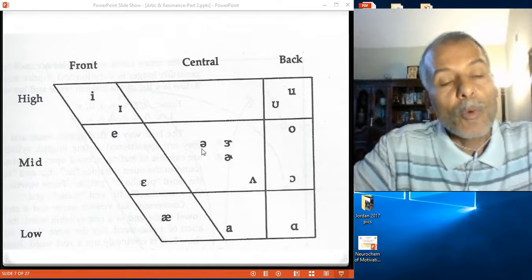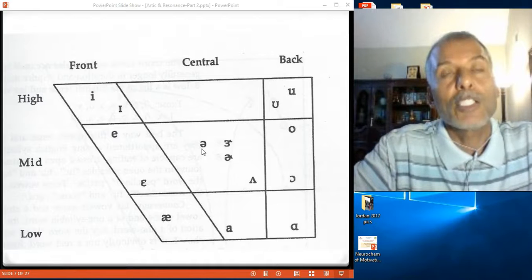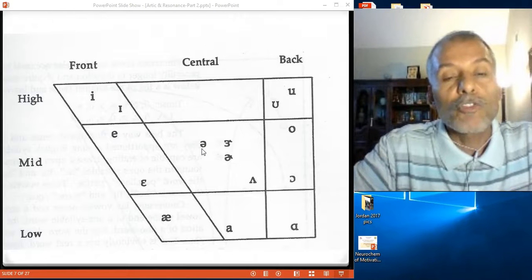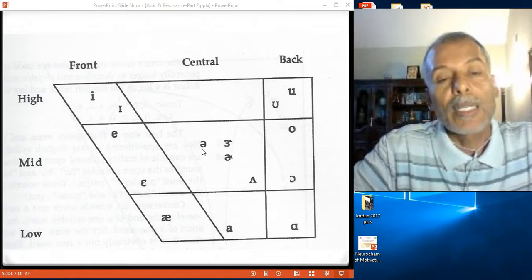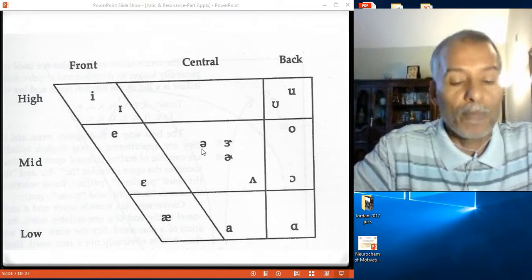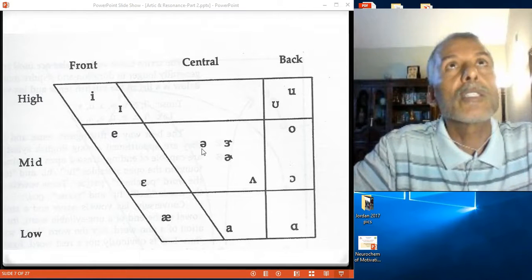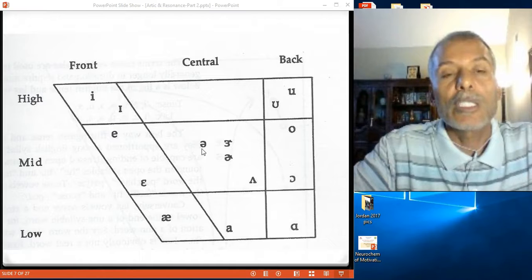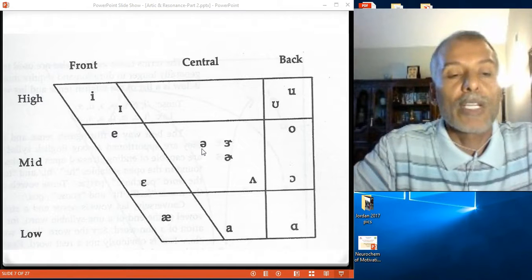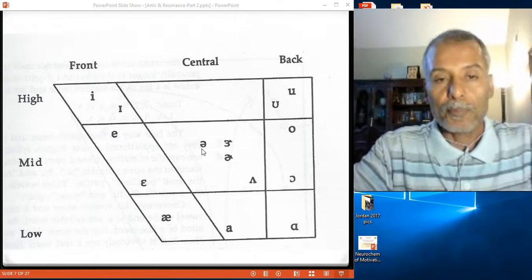A stressed syllable is made stressed because it has a tense vowel, and an unstressed syllable is called unstressed because it has a lax vowel. And these are generalizations, but you will find irregularities once in a while.